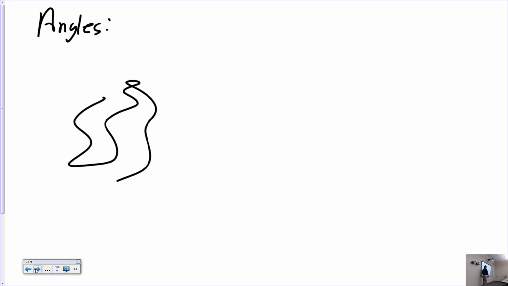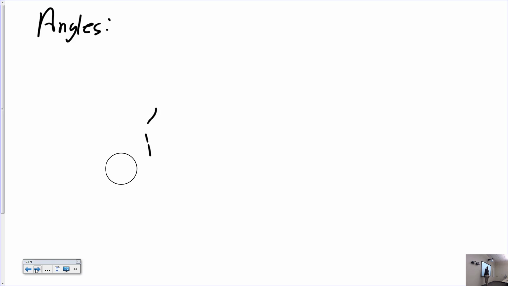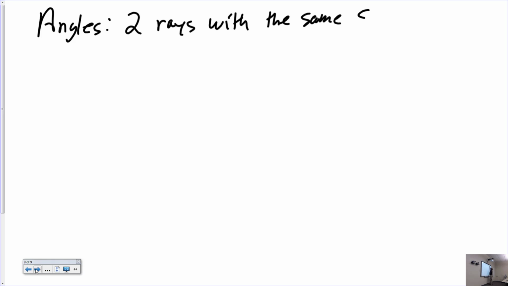Is that an angle? Alright, good. So it's two lines intersecting at one point, and I'm going to even be more picky than that. I'm going to say two rays that start at the same point. Okay? So an angle, by definition, is two rays with the same starting point.